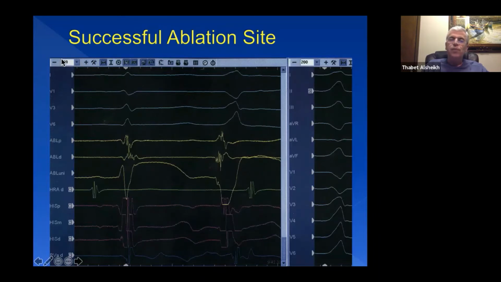This is 200 millimeter per second speed, P wave, QRS. This is the PVC. The beginning of the PVC is here. And we found a site that's earlier than the surface QRS, low amplitude fractionated sharp signal, unipolar negative. This is the site of successful ablation.